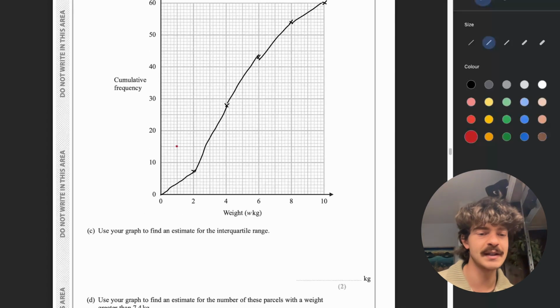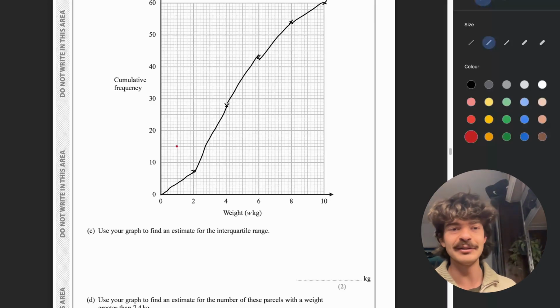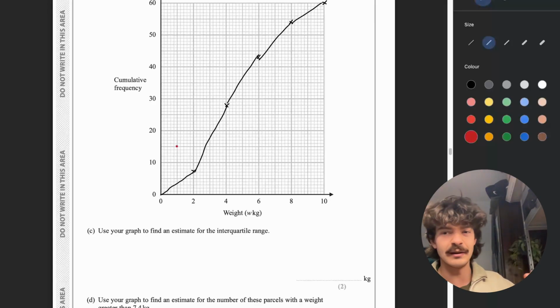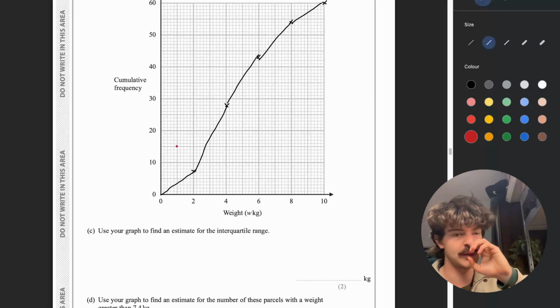Nice. So part C here. Use your graph to find an estimate for the interquartile range. Well, the interquartile range is just looking at the middle 50% of weights. And to do that, we need to identify what the 25% smallest parcel would have been and the 75% biggest parcel.